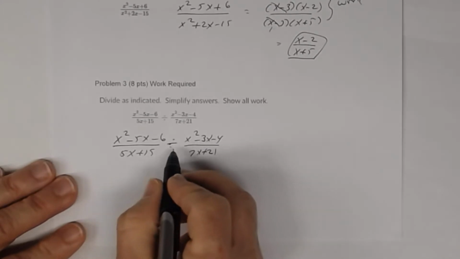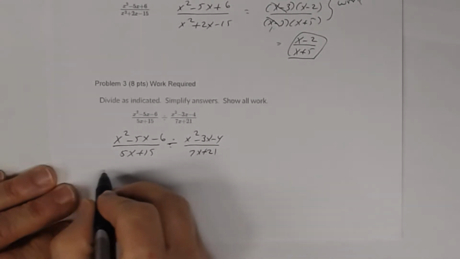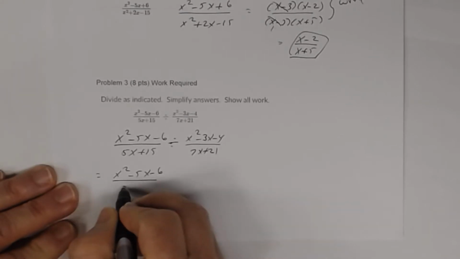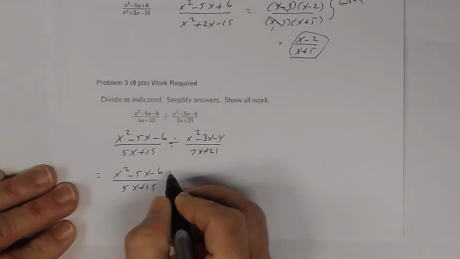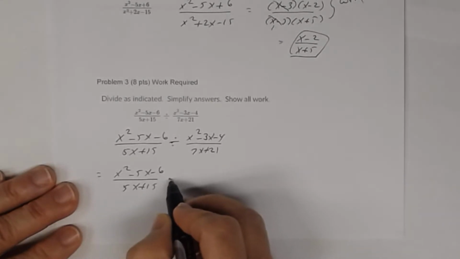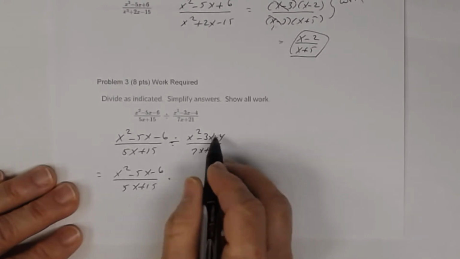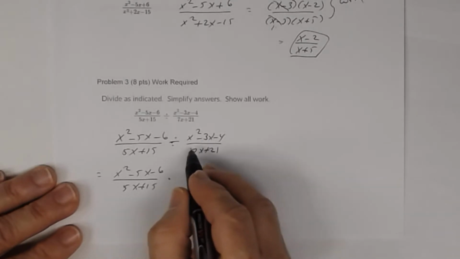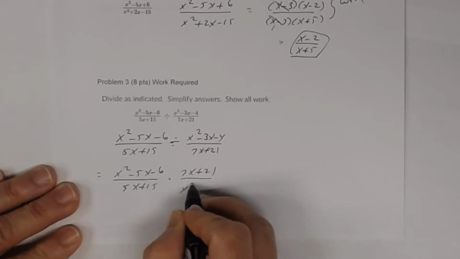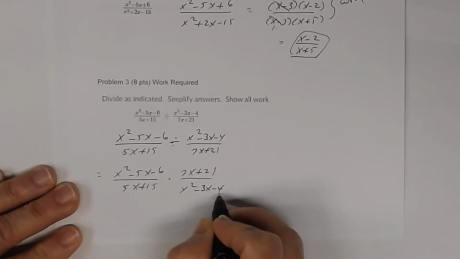First thing I'm going to do is change this division to multiplication. So this becomes x squared minus 5x minus 6 divided by 5x plus 15. So remember when changing division to multiplication, you're going to multiply by the reciprocal, so the reciprocal of the fraction following the division symbol. So it'll be 7x plus 21 divided by x squared minus 3x minus 4.